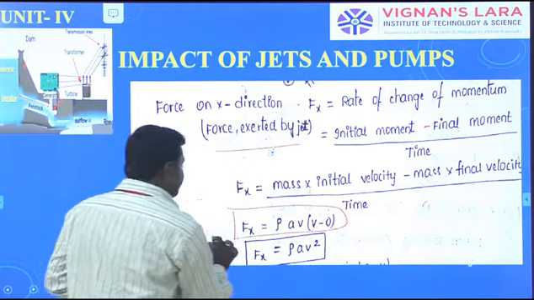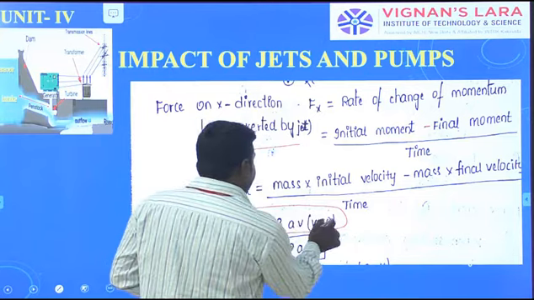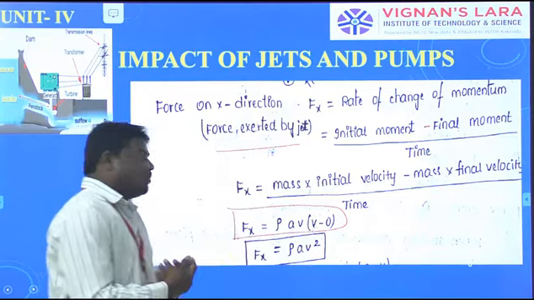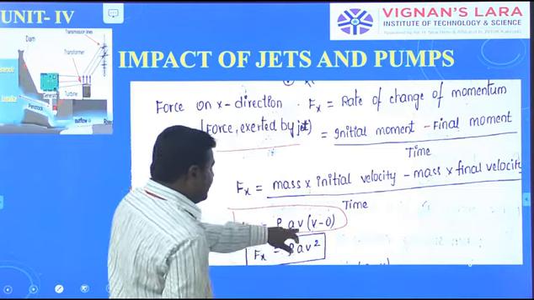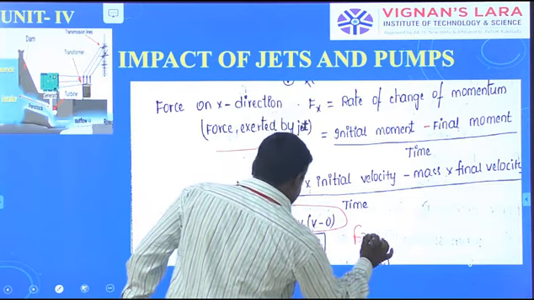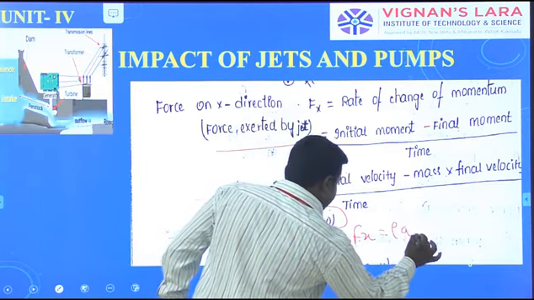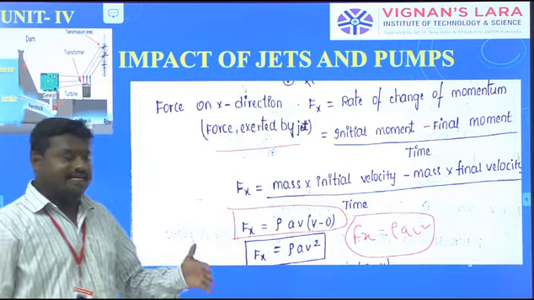So the force exerted by the jet in the x direction is rho A V into V minus 0. Then Fx equals rho A V squared, because rho A is constant and V into V is V squared. This is the formula for the jet in the x direction.